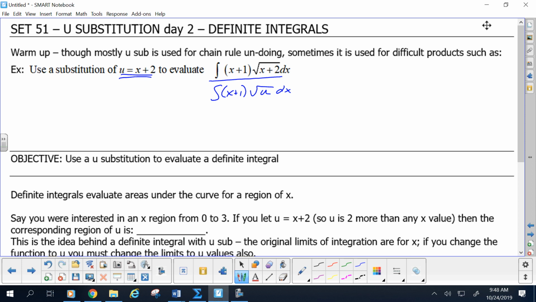It's got to either be all x or all u. You follow? All right, so I need to figure out what am I going to put in for x plus 1, and what do I put in for dx? Well, if u is x plus 2, then what's x? x is u minus 2. So what's x plus 1 then?